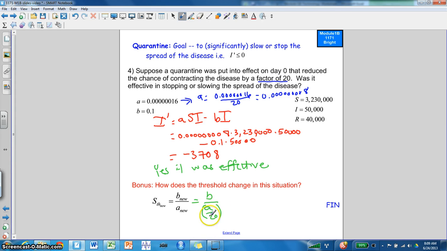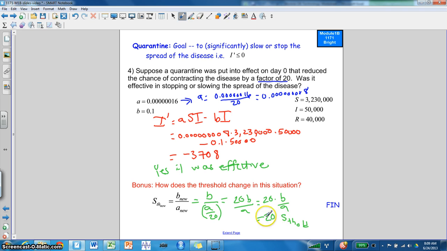Okay, meaning that if I rearrange this, I'm going to write this as 20B over A. Okay, and pulling this apart even more, I can break this up into 20 times B over A. Okay, now B over A, this was the old threshold.